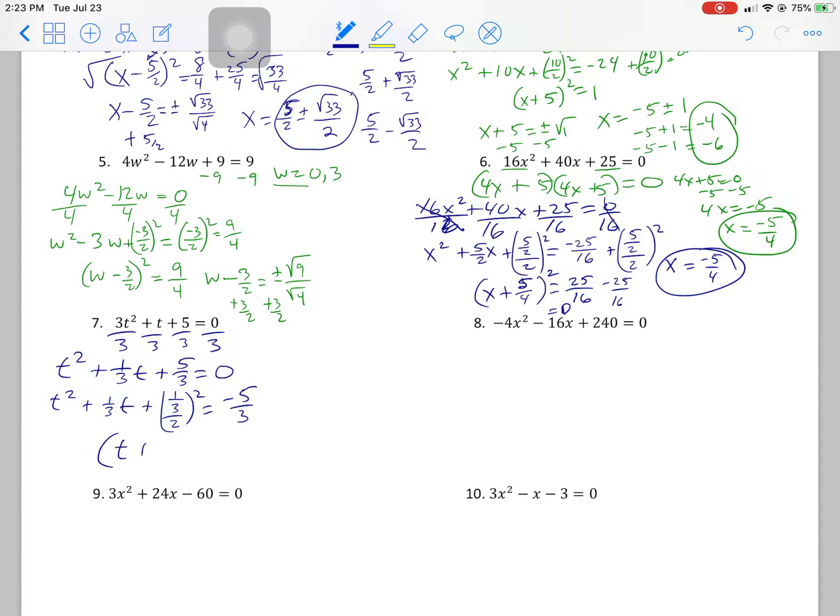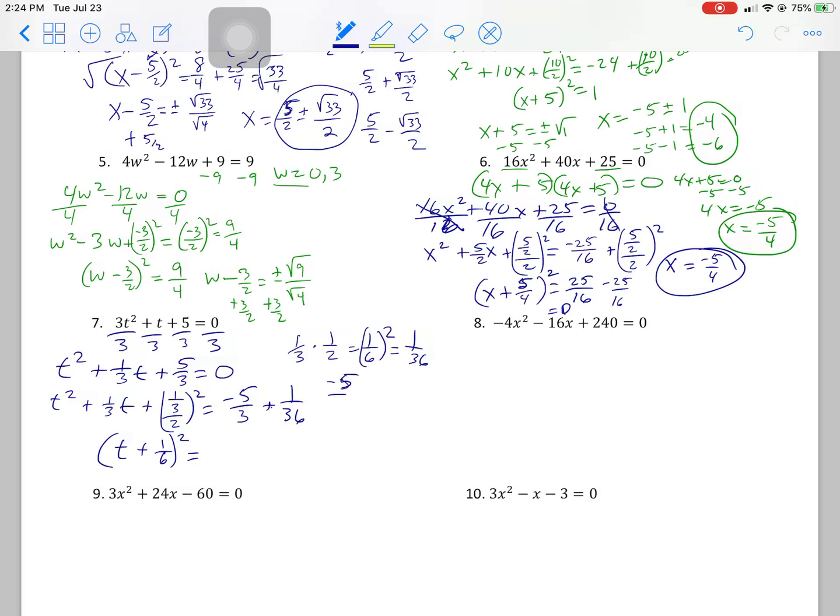Which means this is t plus, what is 1/3 divided by 2? It's the same as 1/3 times 1/2, which is 1 over 6 squared. Now, 1 over 6 squared is 1 over 36. So this is 5/3 plus 1 over 36. Gee Louise.